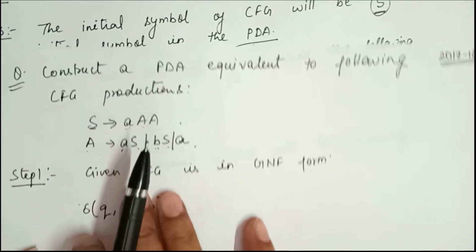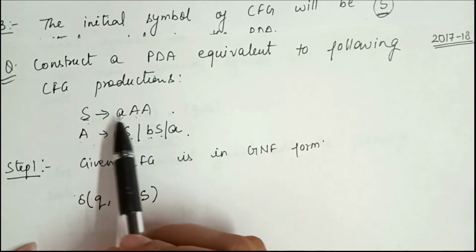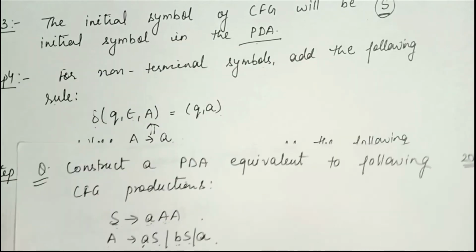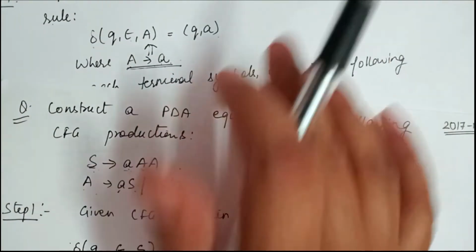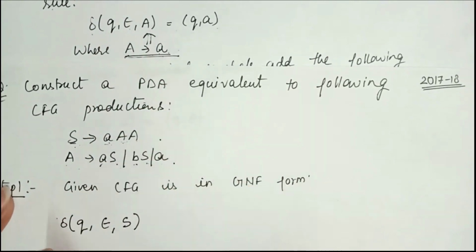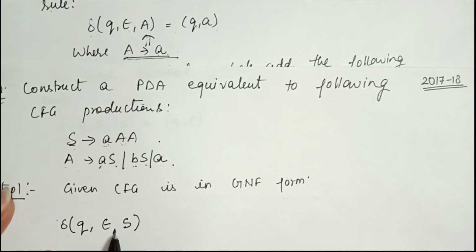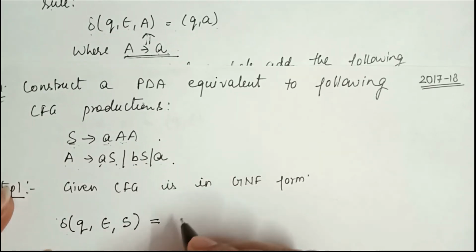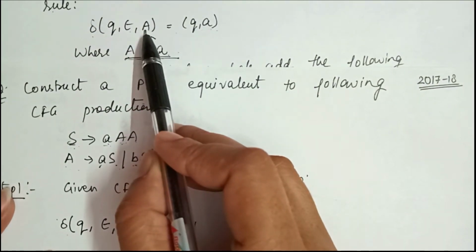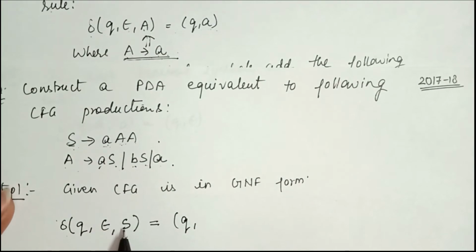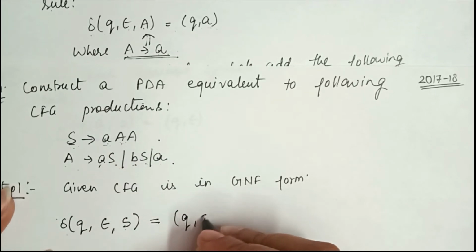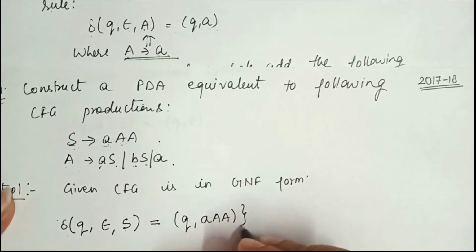See here, S is the initial symbol and has a production a A. So S is a non-terminal symbol, and for every non-terminal symbol we denote it like this: δ(q, epsilon, S) equals (q, ...), and here we write the production produced by S. The production produced by S is small a, capital A, so (q, aA).